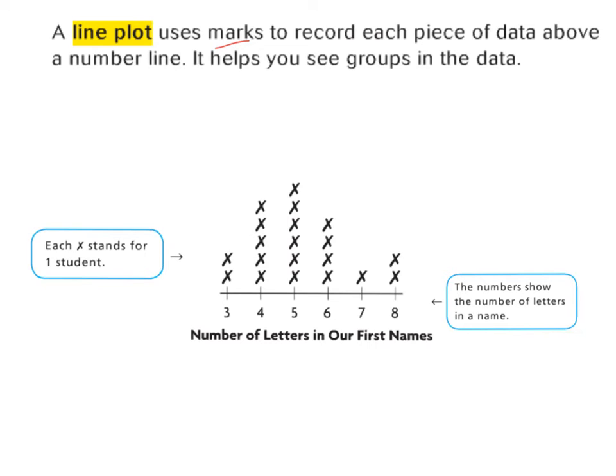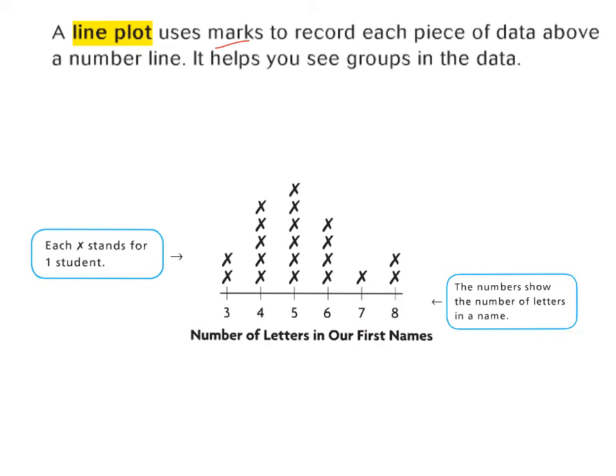We can also add on to this line plot. Now think about your first name. How many letters are in your first name? If you were to add on to this line plot, where would you put your X? Well, in my first name, I have 4 letters.